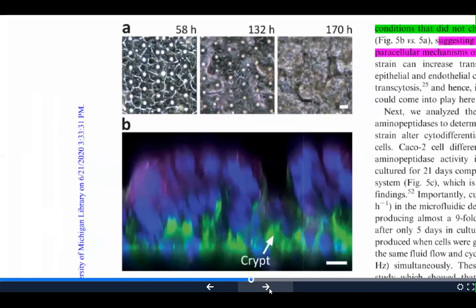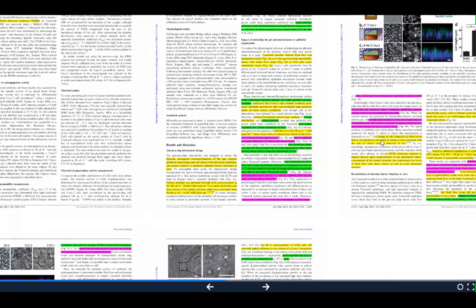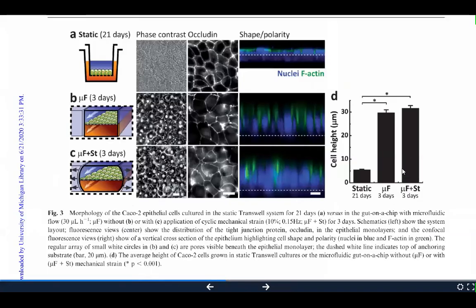Then, there's also another important fact here: between these two different microfluidic devices and groups, you can see that there isn't any significant increase in the cell height.